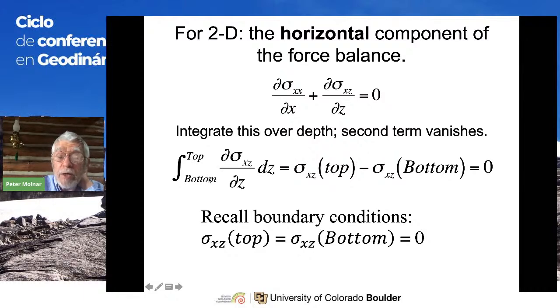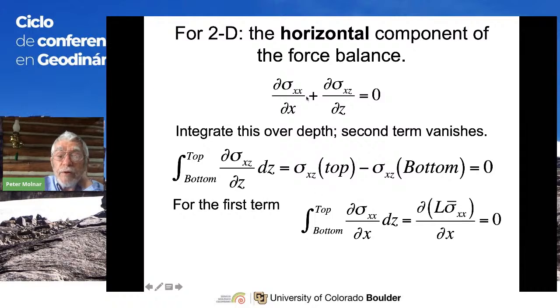It's simply the value of sigma xz at the top minus the value of sigma xz at the bottom. This is calculus at its simplest. But we've assumed that that's zero. There are no winds, and we assume no tractions at the bottom, so that goes to zero. Remember, we assume no tractions at top and bottom.